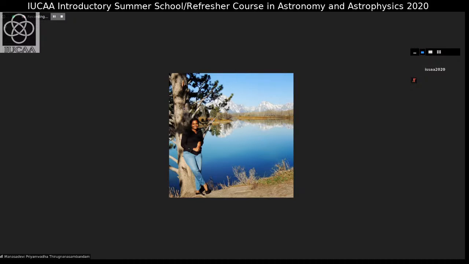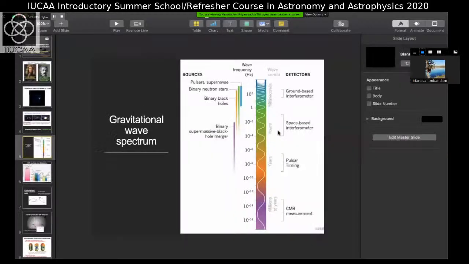As you can see in here, our ground-based interferometers are the detectors that you see on the top right. These are detectors that are sensitive to frequencies of a few hundred hertz of the gravitational waves, and the sources that we detect are binary neutron stars and binary black holes.